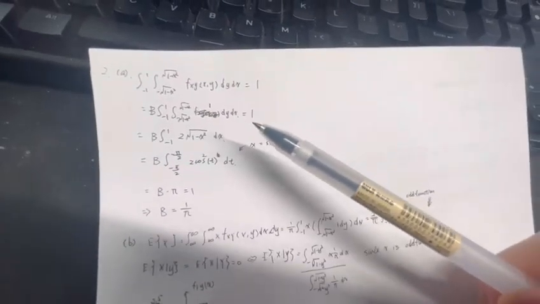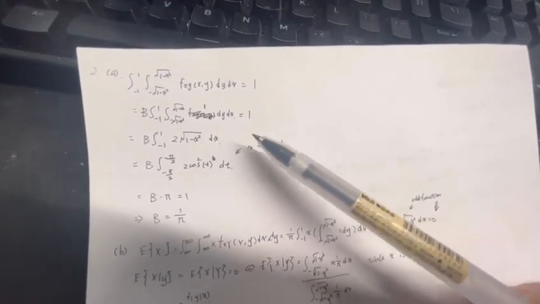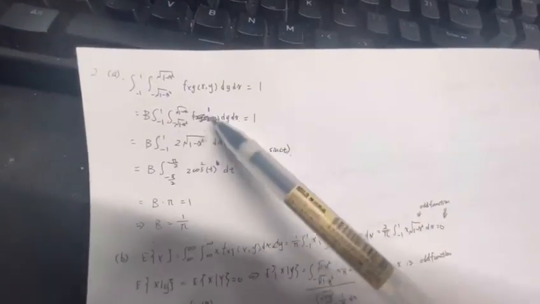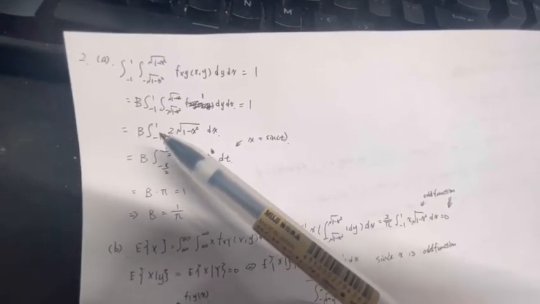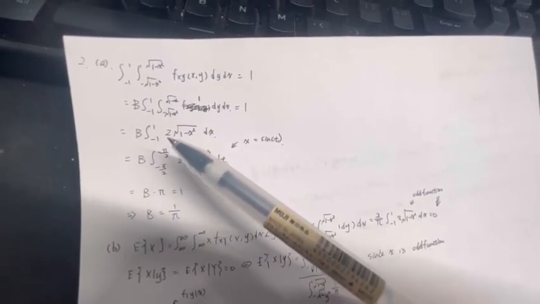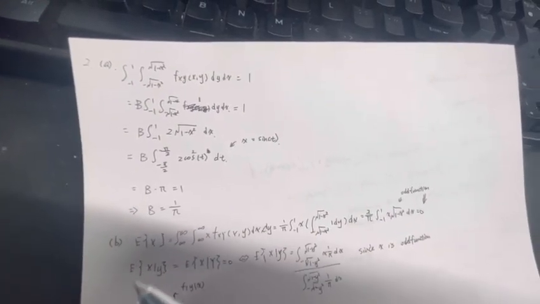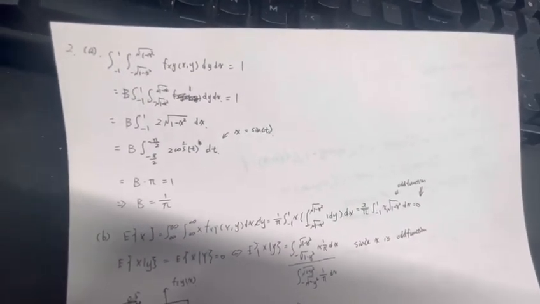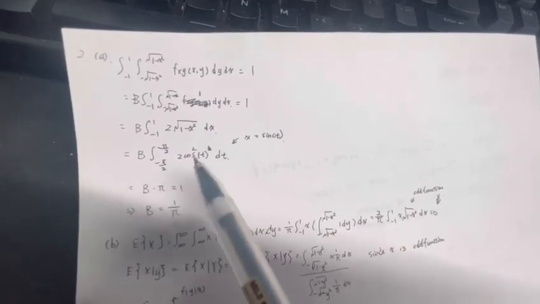Since this function equals b, we can put the b outside of the integral, and get b times the integral from -1 to 1 times the integral from negative square root of 1 minus x squared to square root of 1 minus x squared of 1 dy dx, which equals 1.